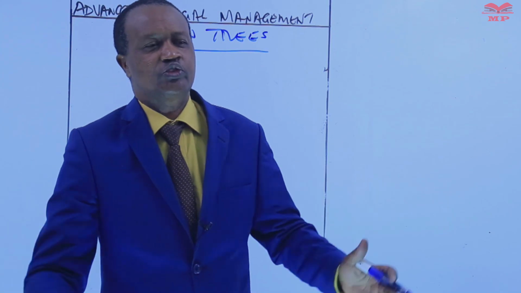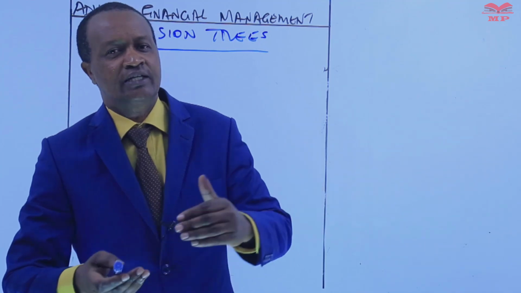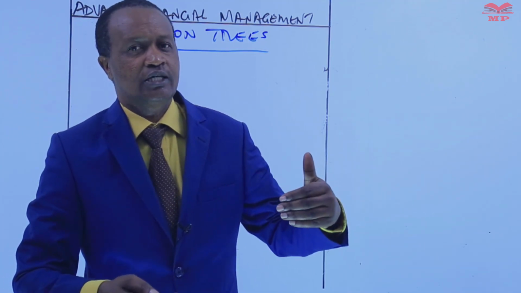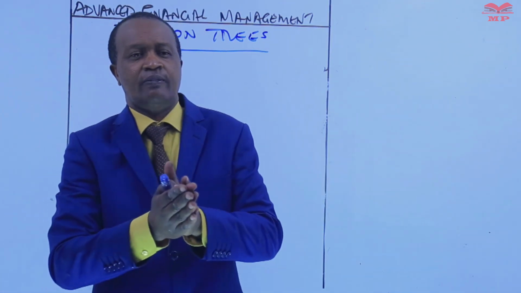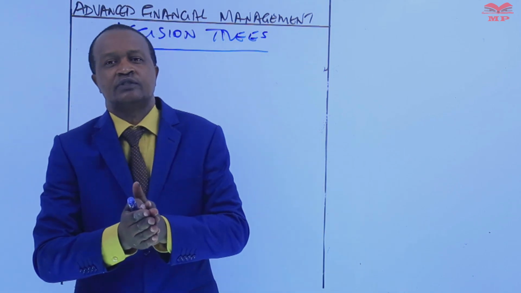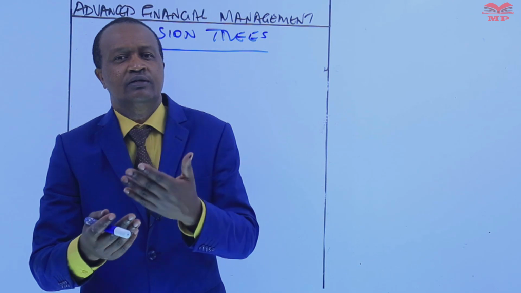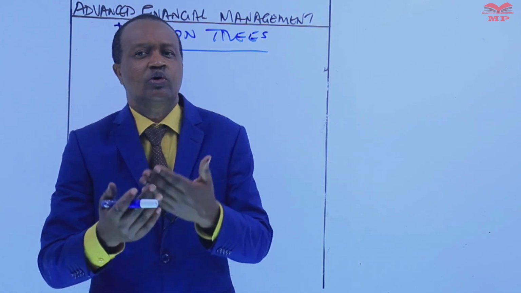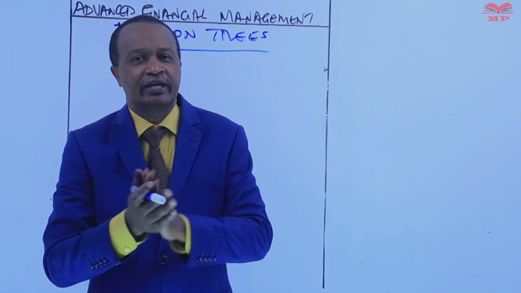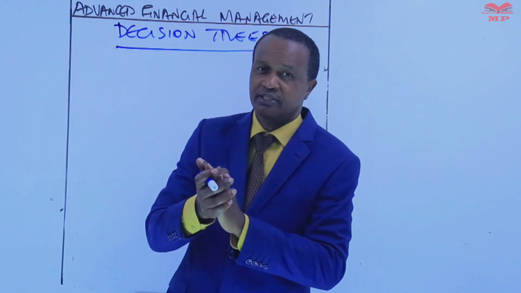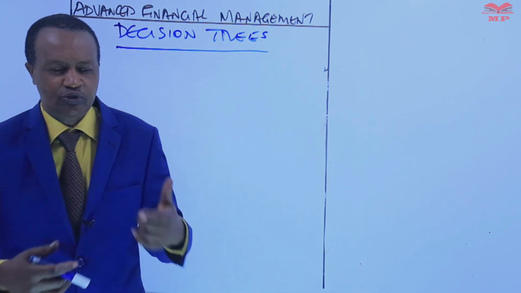A decision tree is a visual and analytical tool used to make decisions or predict outcomes based on a series of choices or conditions.